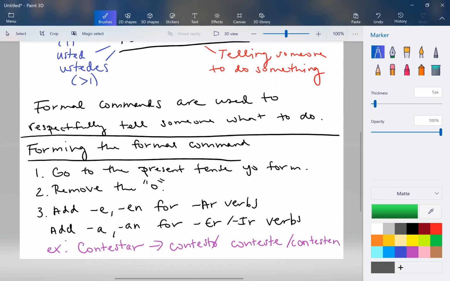We can see our opposite endings to our AR verb. How are we doing so far? Good? I know it's really early, guys.